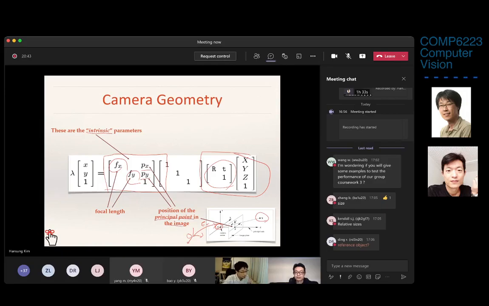Principal point means the center of the image plane, the alignment of the center of the image to the camera center. Normally the image center and camera center should be very well aligned. But normally the sensor is very, very small, tiny, and you expect a 4K image from that small sensor.